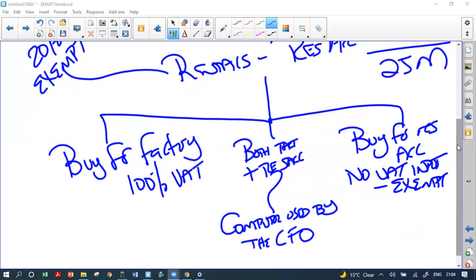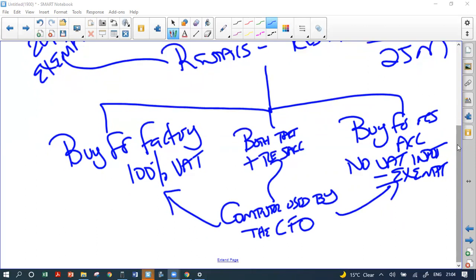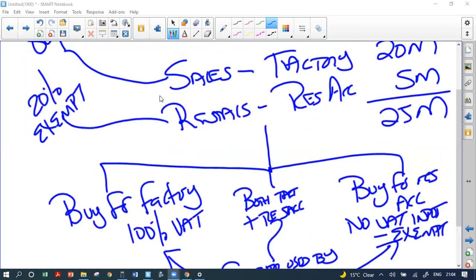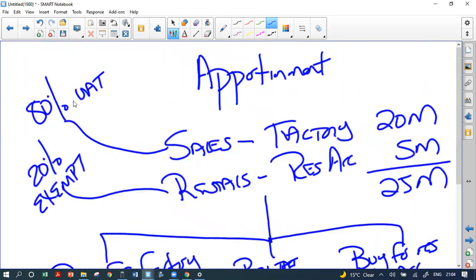Now the CFO does factory. The CFO does residential accommodation. And because he does both, you'll be able to claim 80% VAT on the computer. Why 80%? Because 80% of the sales are for VAT.